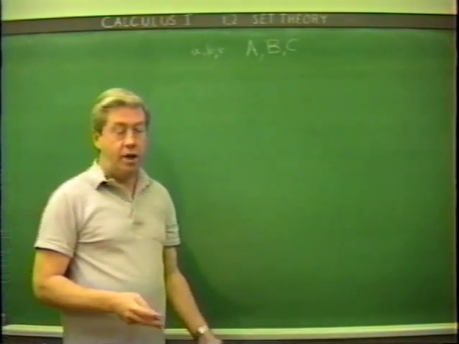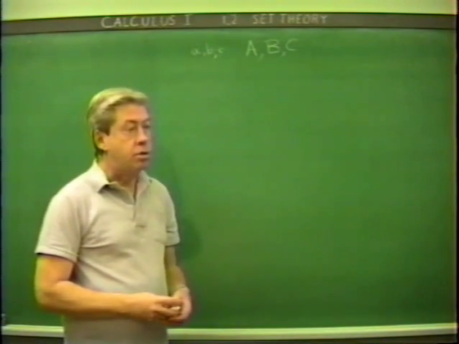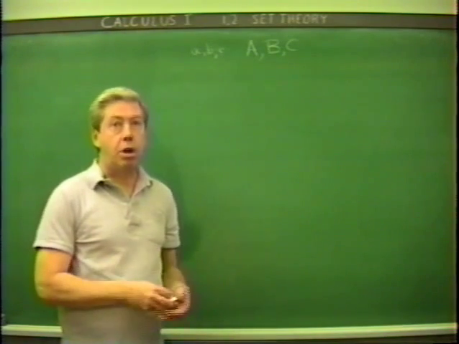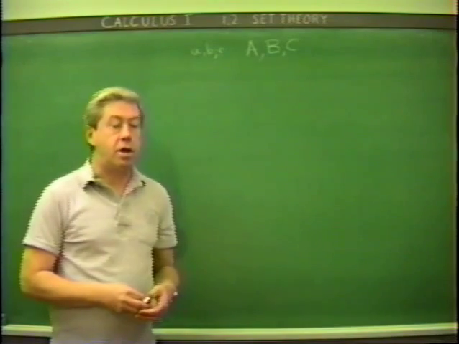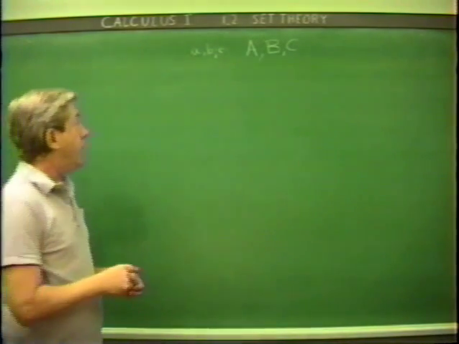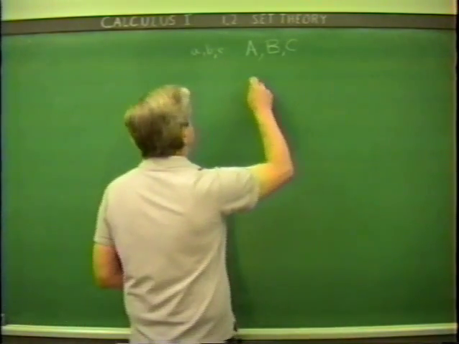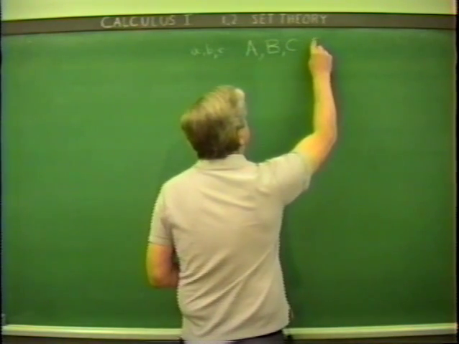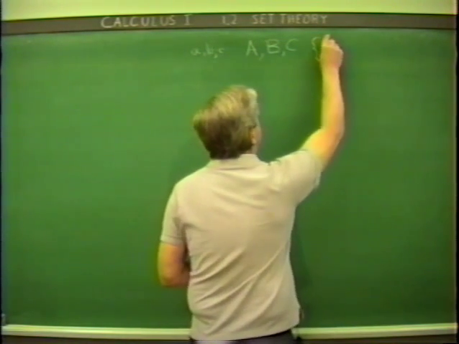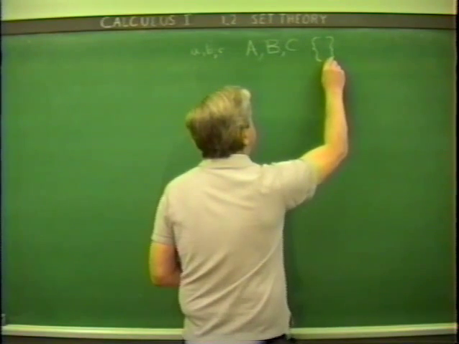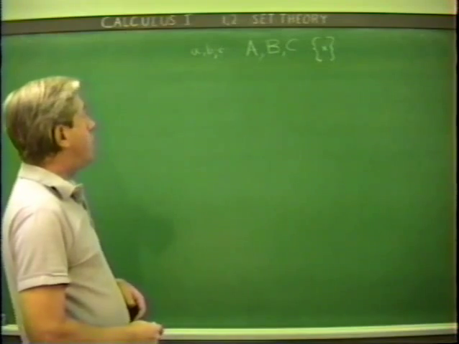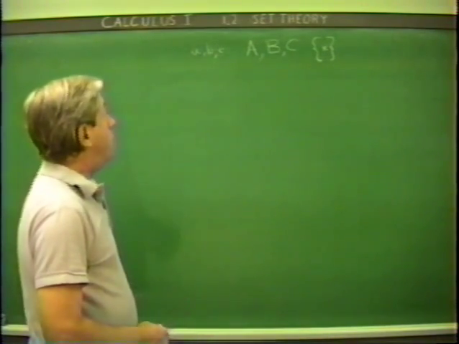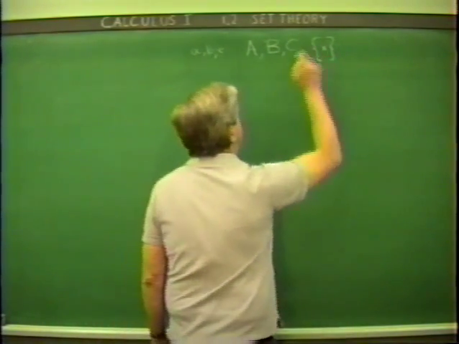Sets are given in two ways, either by enumeration, that's to say listing the elements that belong to the set, or by description, that's to say describing the elements that are in the set. In either case, set brackets are used. These brackets look like this. And in the case of enumeration, the objects which are enumerated are put in between the brackets. For description, the description is put within the brackets.